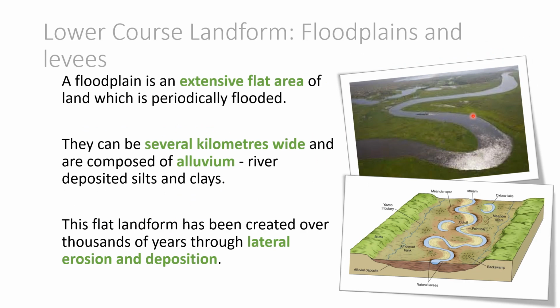Again, there are two key features we're going to focus on. One is the floodplain, and you can see here just how wide and flat that floodplain is. And again in the diagram you can see it here. We're talking kilometres across. Something like the Thames floodplain is tens of miles across either side.